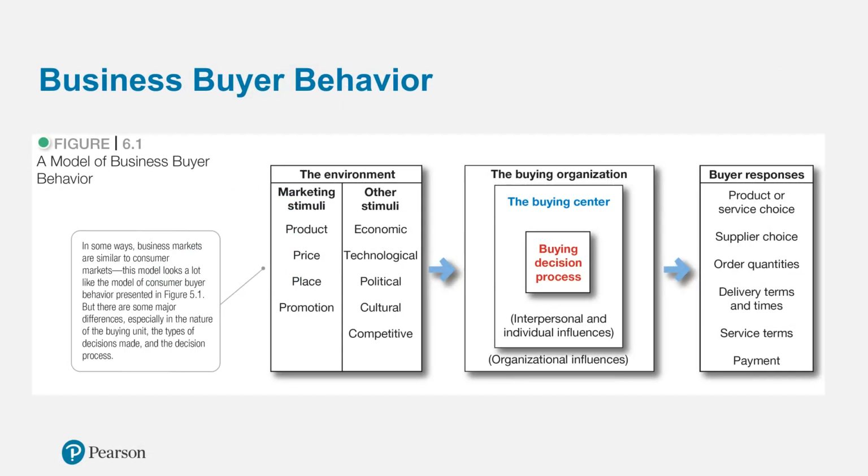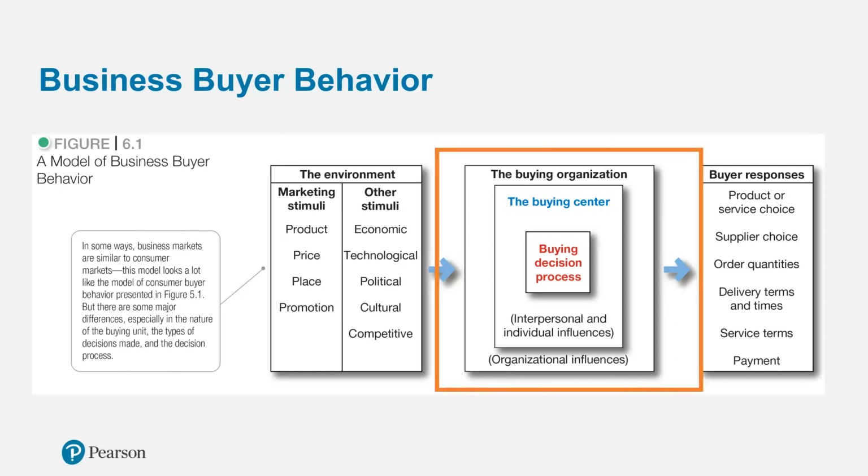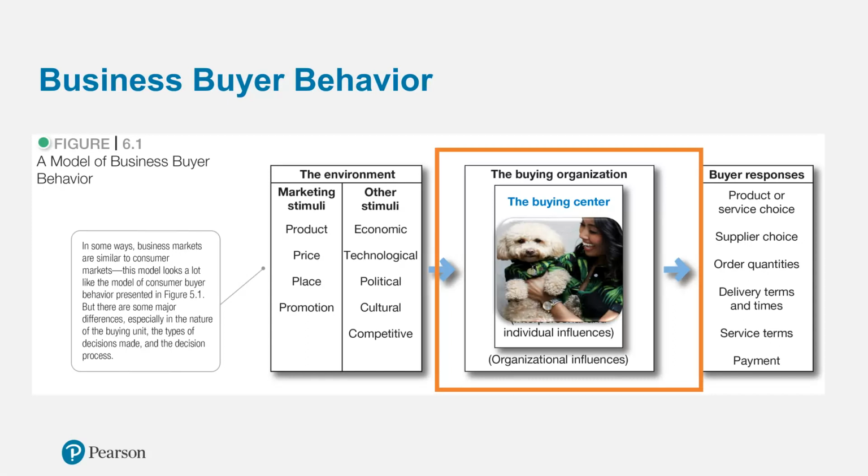So this might look familiar because we had a similar model for the consumer buyer. Now we're going to take a look at the business buyer behavior. The business buyer behavior has a similar approach, which is that the buyer is in the center, and it's usually the black box of that buyer.